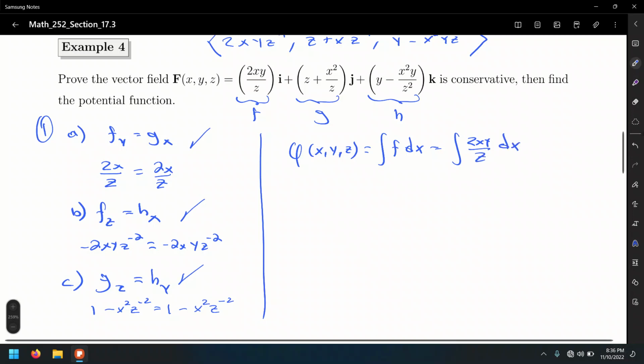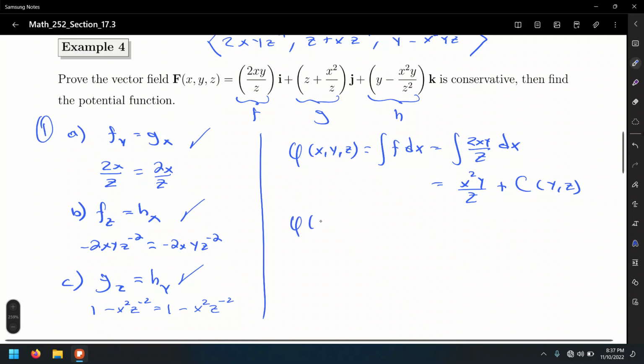And the integral of 2x is x squared y over z plus some constant. However, this constant will depend on what? y and z, exactly. Because we integrated with respect to x, so this has to depend on y and z.